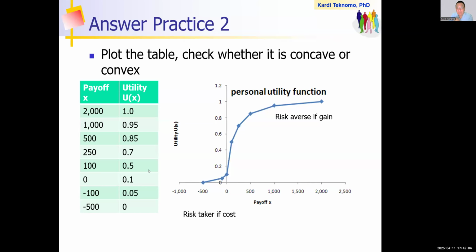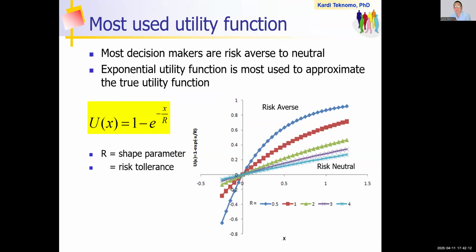Anyway, let's continue then. Now, the majority of people are actually risk averse to risk neutral, so most decision makers are risk averse to neutral.